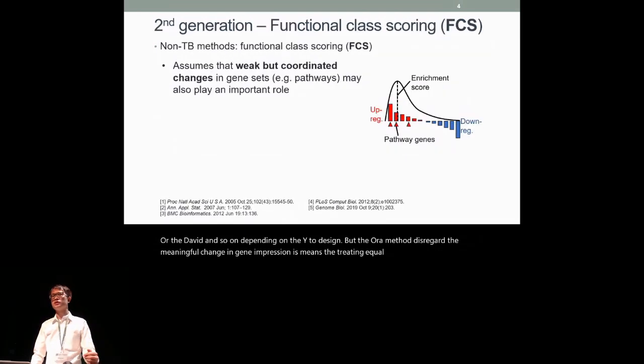To address this limitation, the second-generation non-TB method is called functional class scoring, FCS. FCS assumes that weak but coordinated changes in a gene set, like a pathway, may also play a key role.